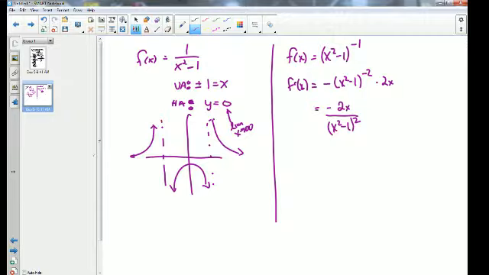Critical point: x equals 0. And we're not differentiable at positive or negative 1, right? Slow down.